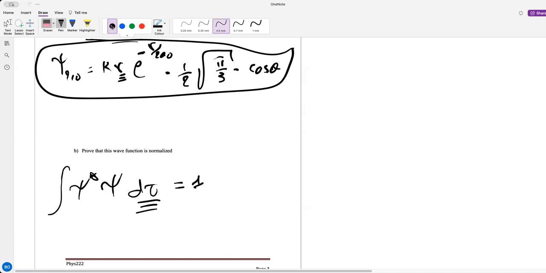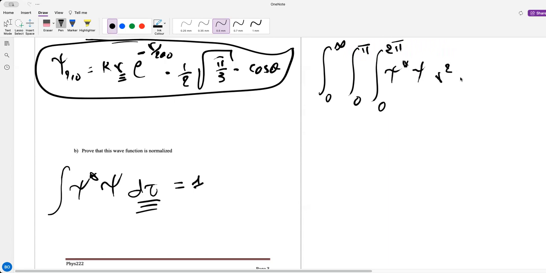You have to integrate from 0 to infinity over r, from 0 to pi over theta, and from 0 to 2 pi over phi. You do psi star psi times r squared sine theta dr d theta d phi, and this must be equal to 1.